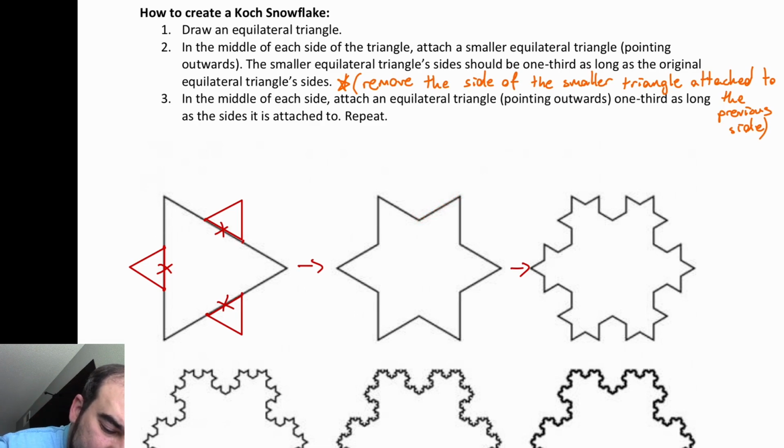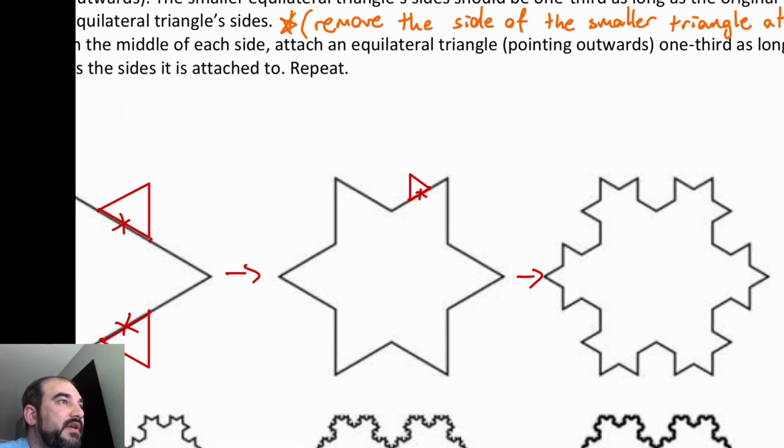So I'm going to cut this side into 1/3, and I'm going to build a triangle on this. And then I'm going to delete that side that's touching the previous figure. Right, and we're not going to do it for every single side, but this is how we get to the next step.